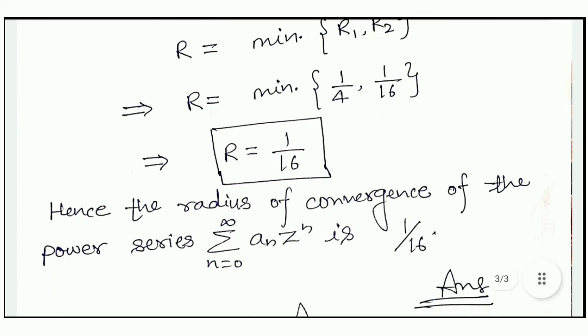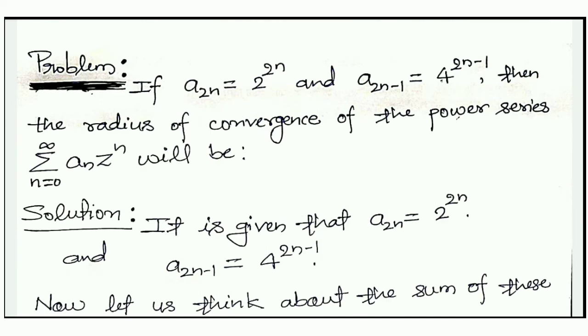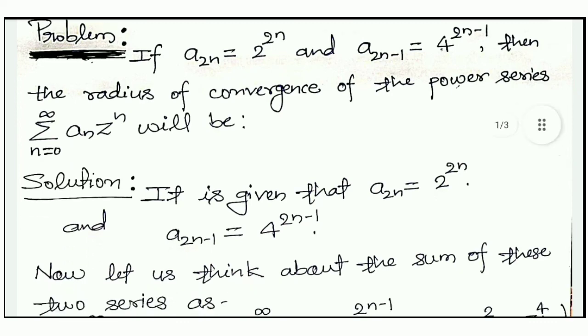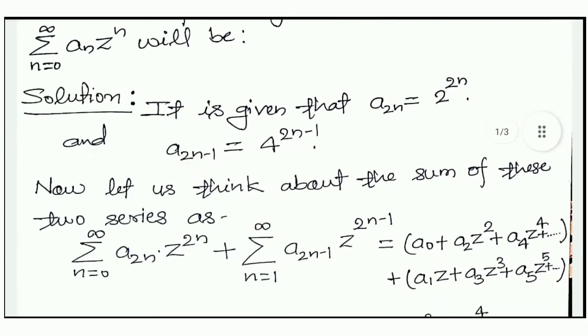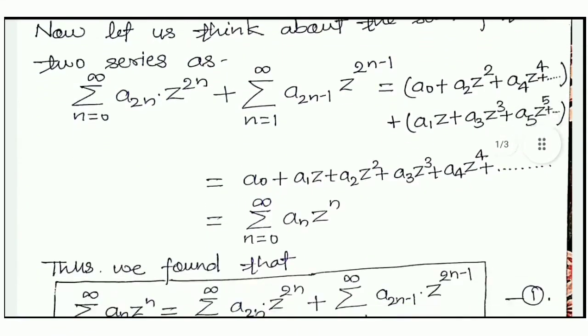So in this way we have obtained the solution of this particular problem. In this problem we are given the coefficients of the general terms of two different power series, and we are to find out the radius of convergence of the resultant power series obtained by summing the given two different power series.